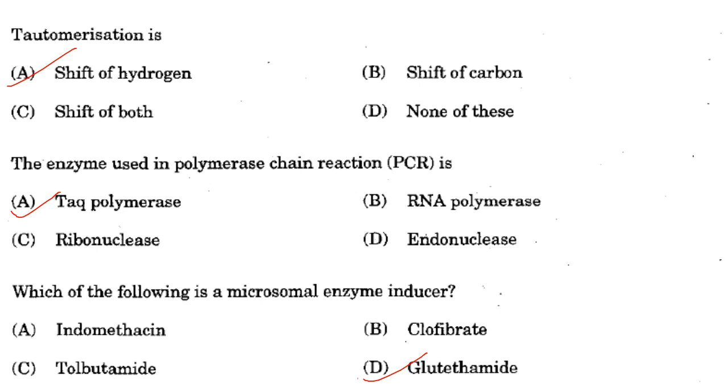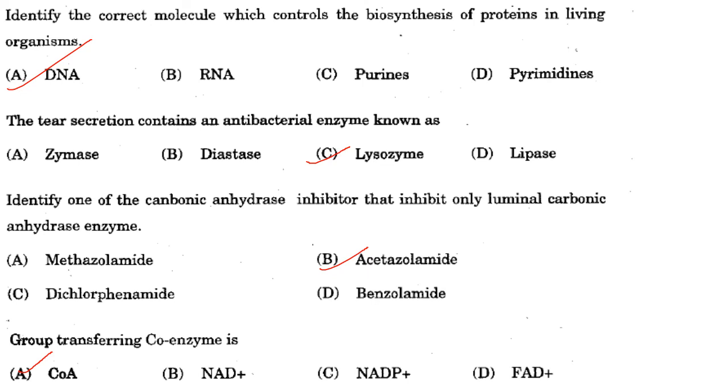So which of the following is a microsomal enzyme inducer? It is glutathione. Answer is option D. Identify the correct molecule which controls the biosynthesis of proteins in living organisms. So answer is option A, that is DNA.